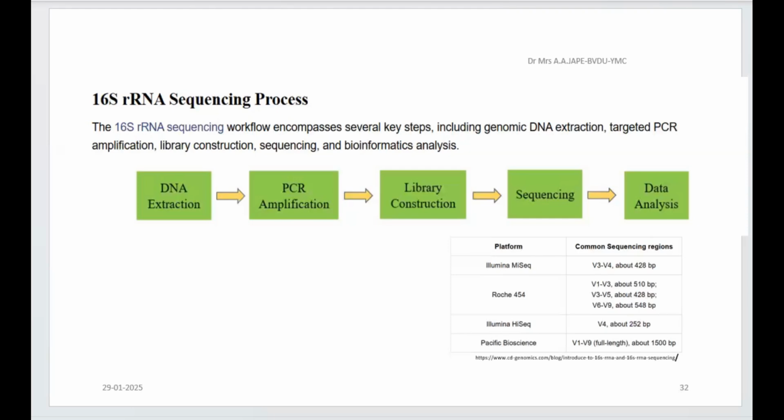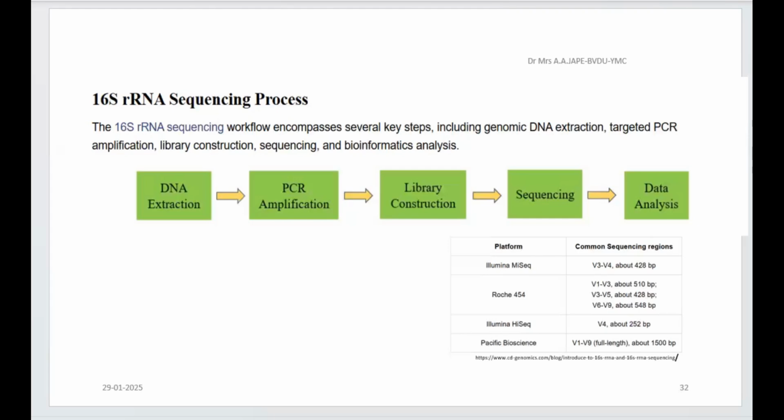When it comes to V1, V3, V5, V6 and V9, you have Roche, that is another brand, or you can say tool, which is utilized for sequencing, the NGS sequencing platform, Roche 454.